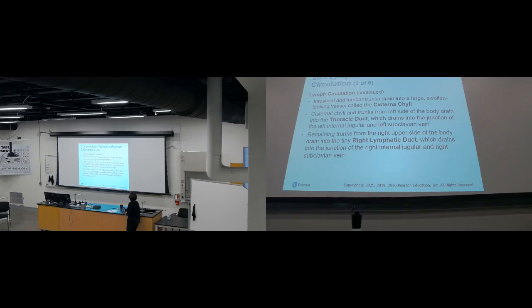The cisterna chyli then continues above this area and goes up, and it will form something that is called the thoracic duct. The thoracic duct will drain the lymph into the region where the left internal jugular merges with the left subclavian vein.